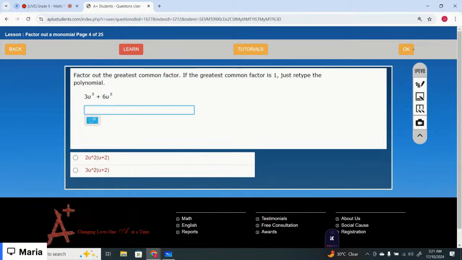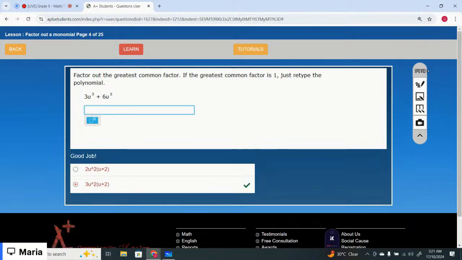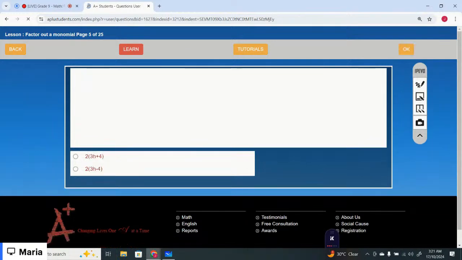Option number 3 is the correct option, right? You can write 6 as 3 times 2, and 3. Very good, that is the second one: 3u squared times u plus 2. Option number 2 is the correct option.